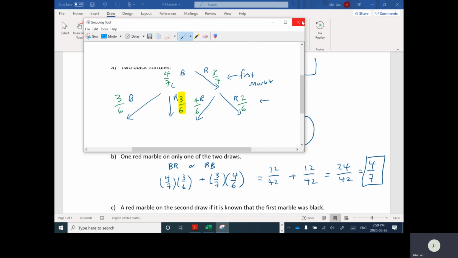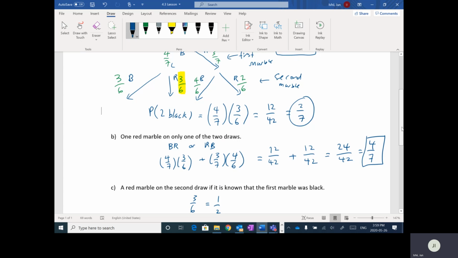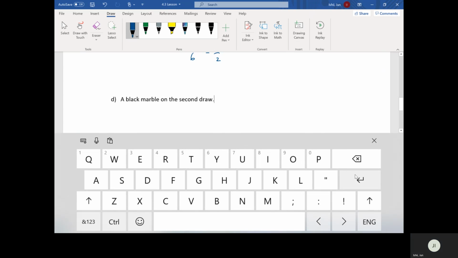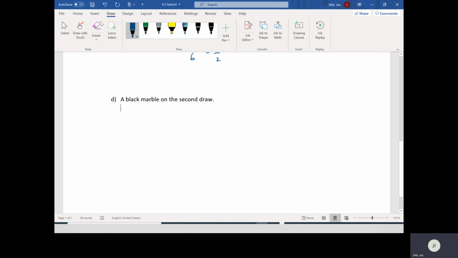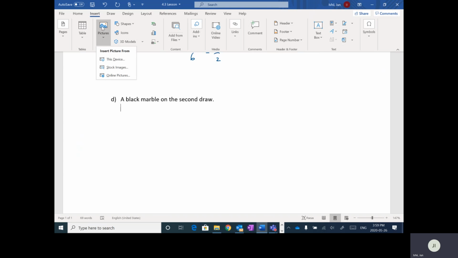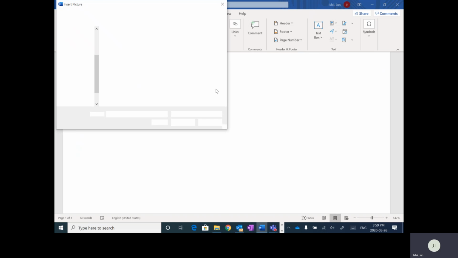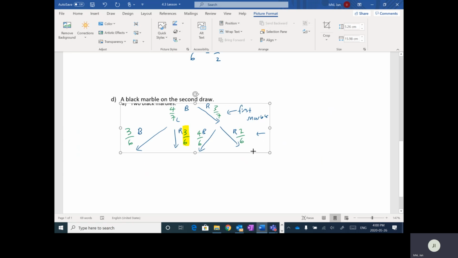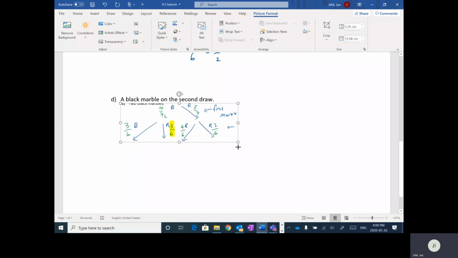So I've saved that diagram, and I'm just going to insert it into the last one. Insert picture, rather than just keep scrolling up and down. So here is the tree diagram that we came up with, hopefully.